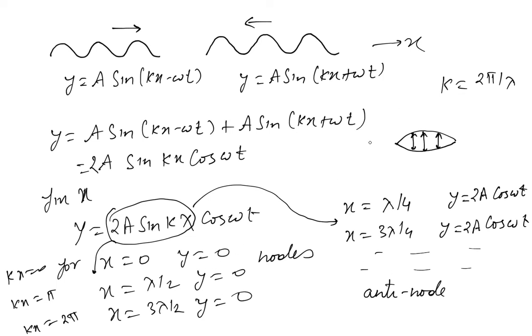So for example, your standing wave may look like this, or like this, or you can add more lobes. So these are the nodes, and this is the antinode. Okay, and we'll solve some problems on standing waves to really understand what's going on.